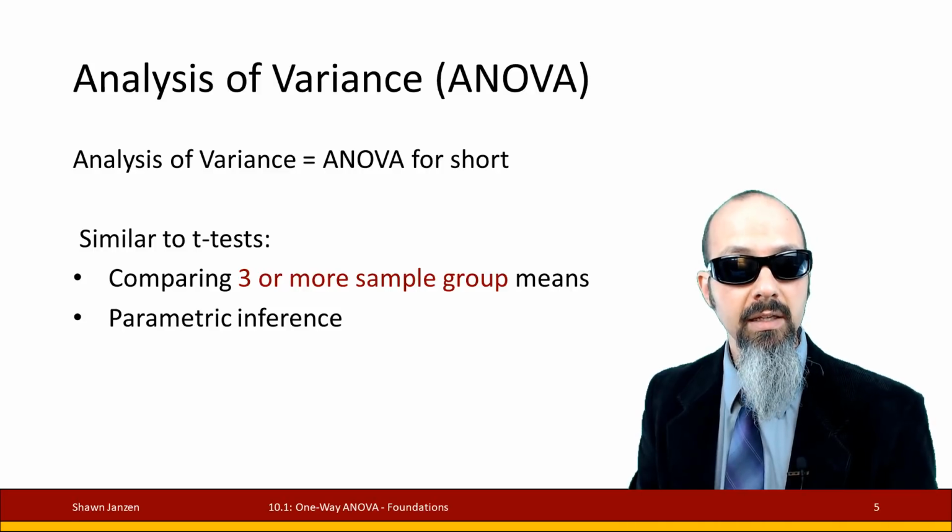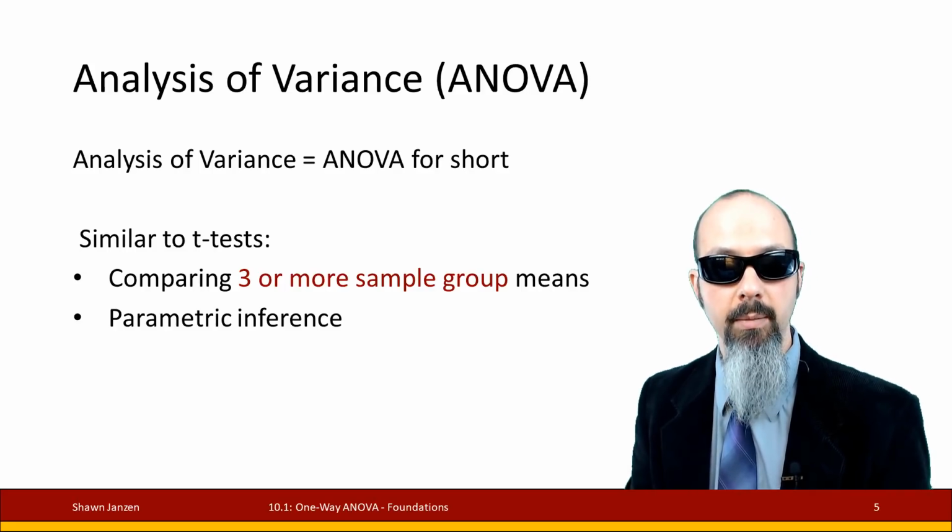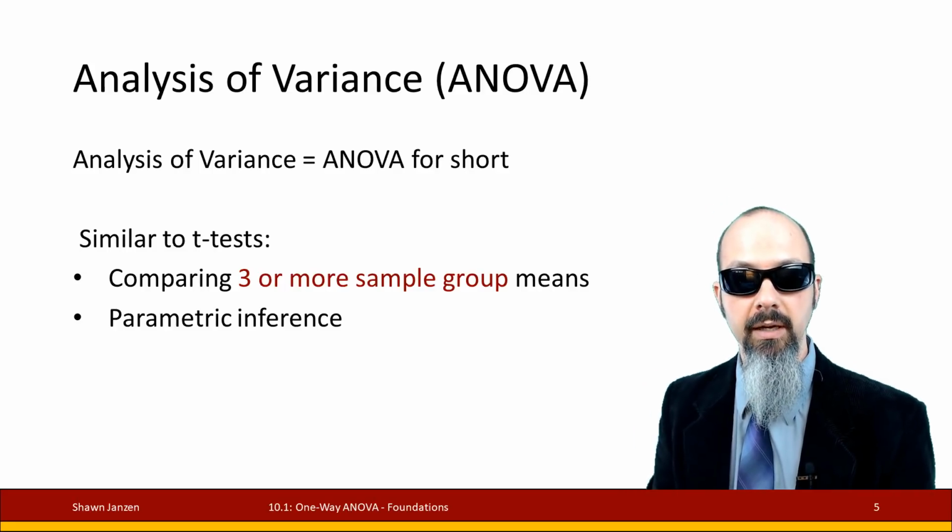You can technically do two groups with an ANOVA, but then you're just doing an overpowered t-test. So really we're using this for three or more groups, and because we are dealing with means of numeric dependent variables, this is a parametric inference, part of the parametric testing. We'll talk about some non-parametric alternatives a little later.